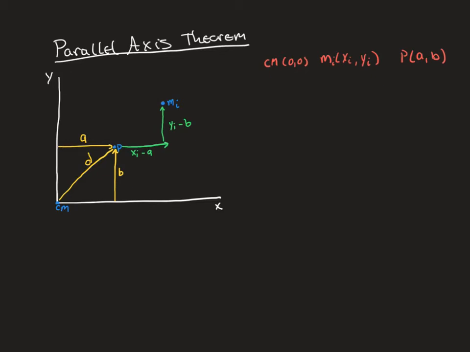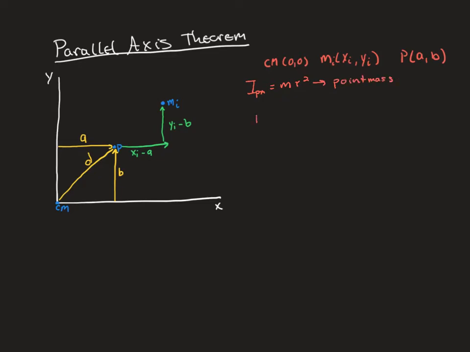So each particle is going to have its own coordinate that makes up this solid sphere. Alright, so since we're looking at one particle within the system, we're going to use the point mass equation initially. So moment of inertia is going to equal m r squared. So this is the equation for a point mass.